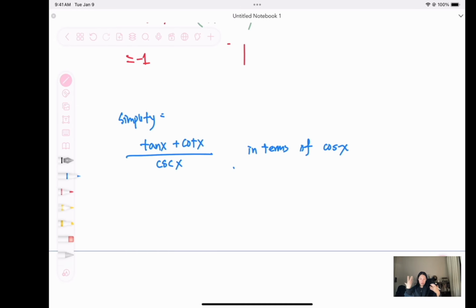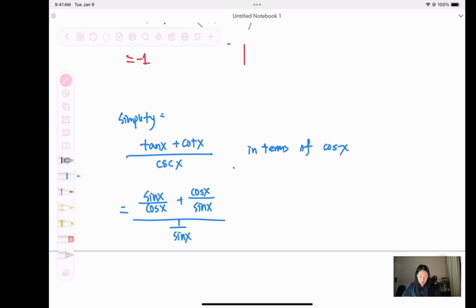Well, the first rule is what? We write all of this in terms of sine and cosine. So sine x over cosine x for tangent. Cotangent is cosine x over sine x. Cosecant is 1 over sine x.